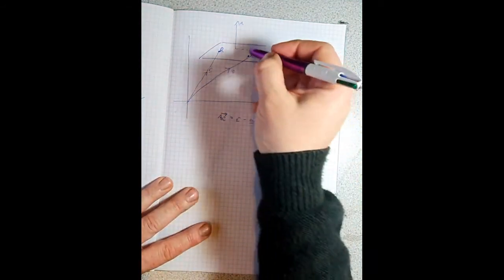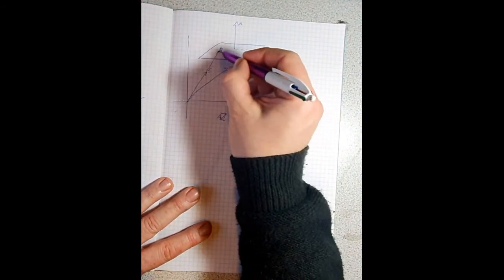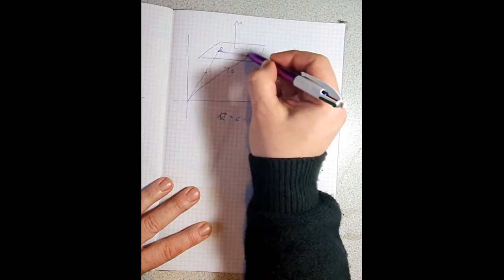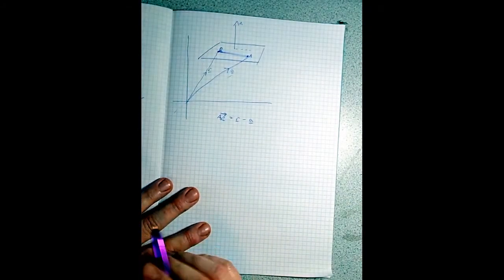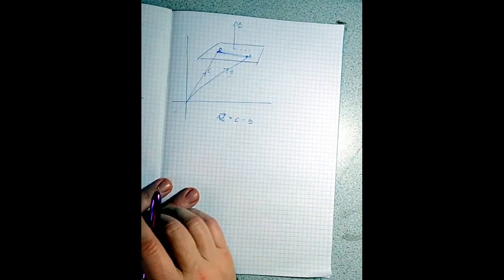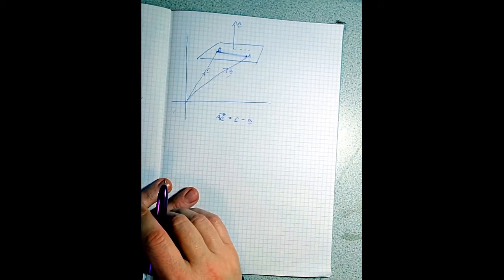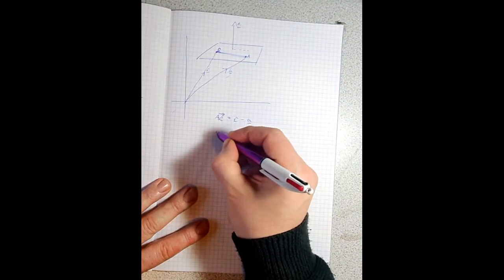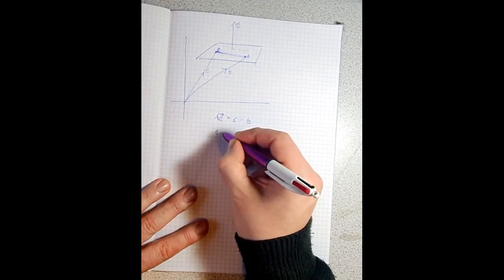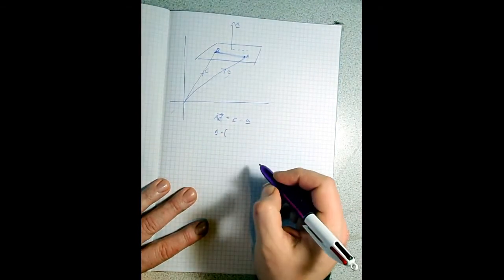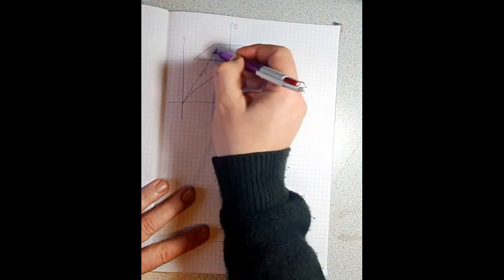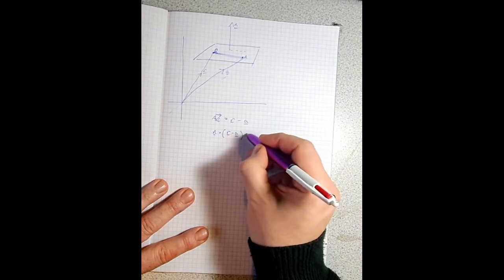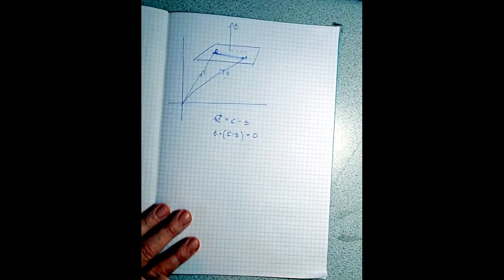Now I know, because AR is on the plane, I know that my normal vector must be perpendicular to it. That's what the normal vector is. So my normal vector dotted with that AR vector must be equal to 0.